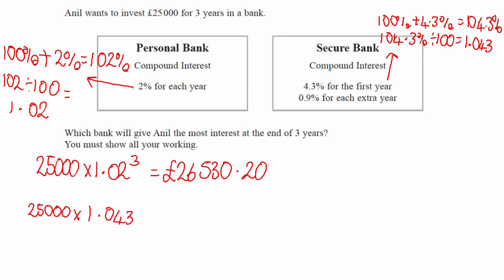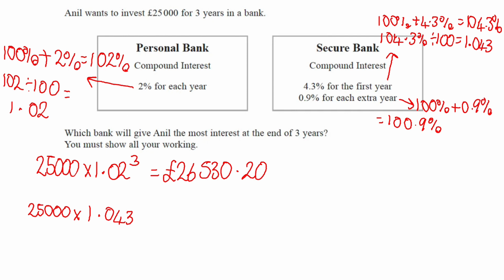So for the other 2 years, it's got 0.9% for each extra year. So we're going to follow the same process we did up here to work out the multiplier. So we've got 100% add 0.9%, which is going to give us 100.9%.